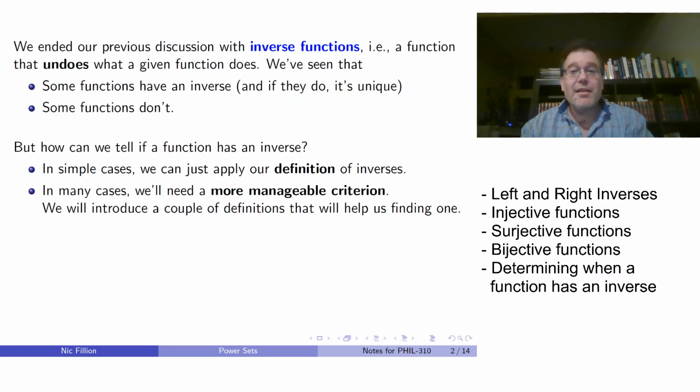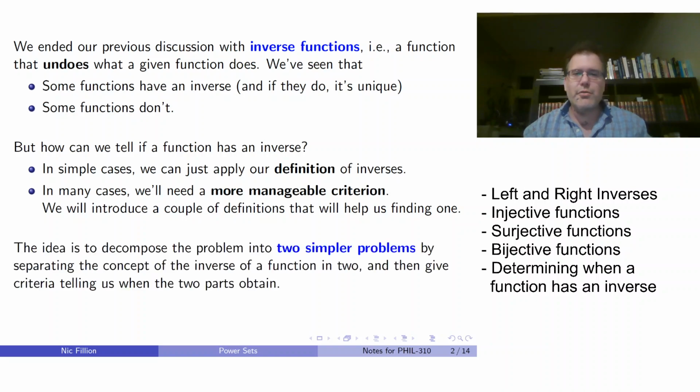But sometimes functions will be more complicated, and it's going to be a little bit more difficult to proceed in this way. So what we would like is to have a more manageable criterion to determine whether a function has an inverse or not. So what we're going to do in this lecture is introduce a couple of definitions that are going to allow us to decompose the problem of figuring out whether a function has an inverse into two simpler problems.